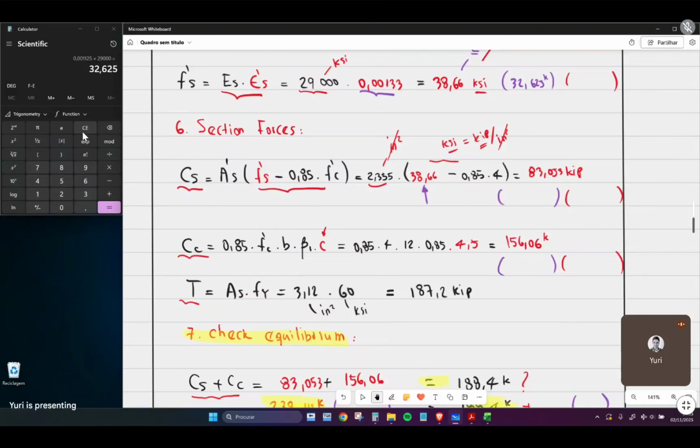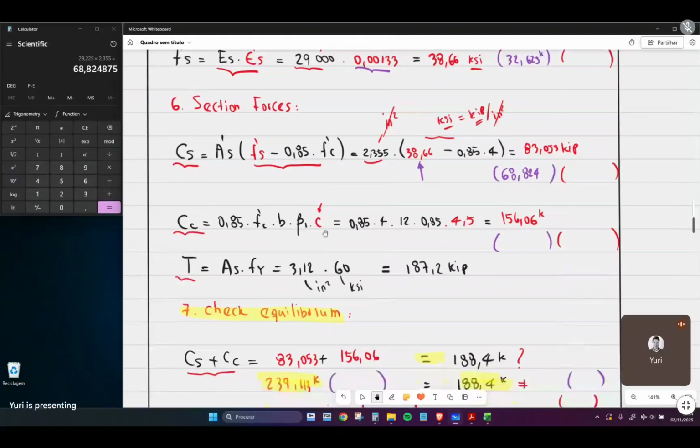So I'm just going to subtract 0.85 times 4, which gives me this part here, and then I will multiply by 2.355. So now we have 68.824. Got it.